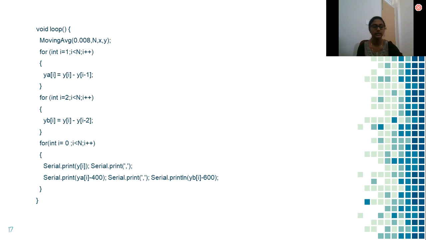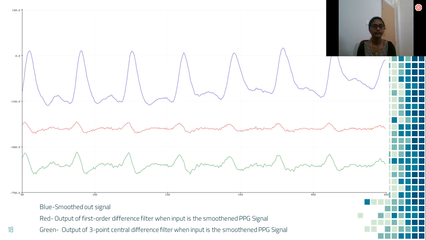Let us plot these two through another for loop. Here the blue one is the smoothed out signal, that is the moving average filter output, and the red one is the output of the first order difference filter, where the blue one is given as the input to that filter. The green one indicates the 3-point central difference filter when the input is the blue one, that is the smooth PPG signal.